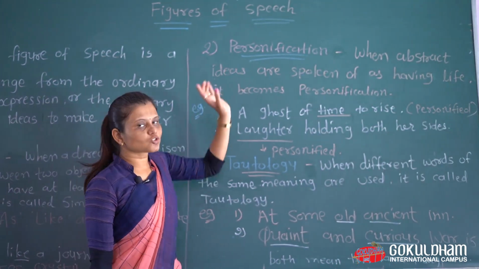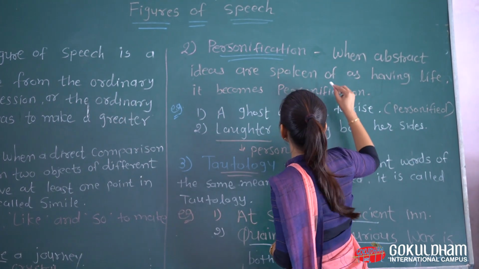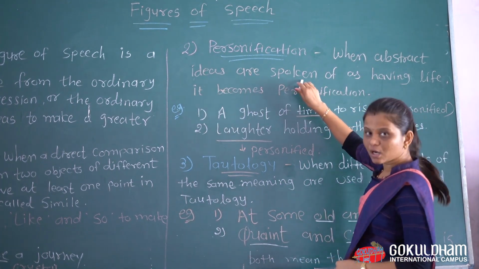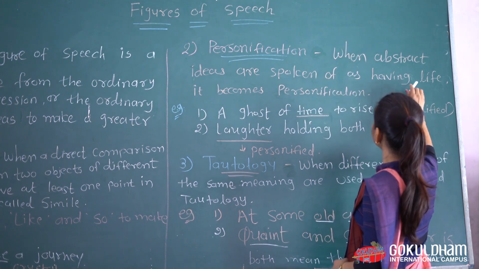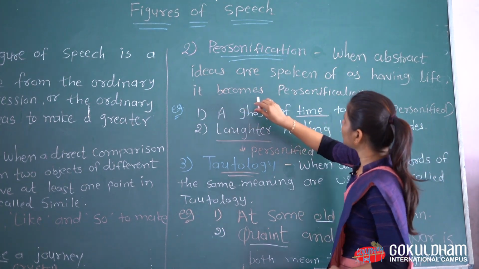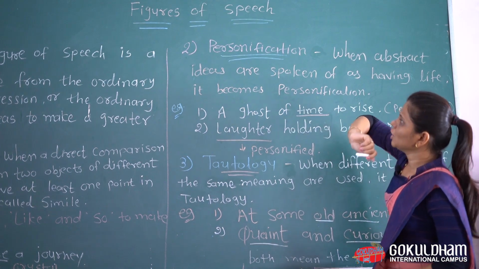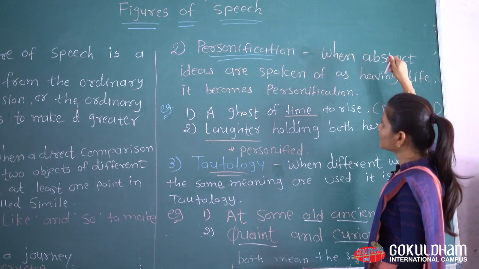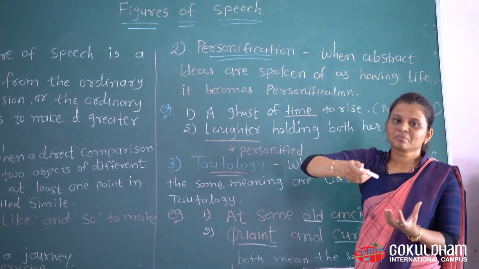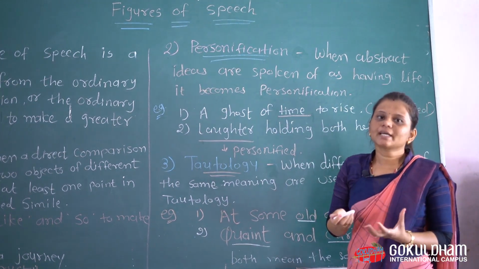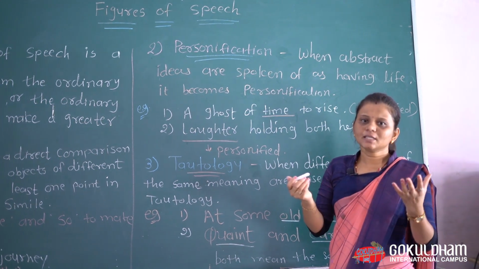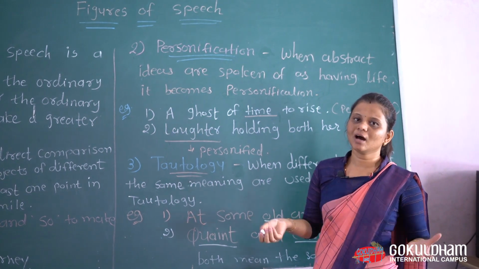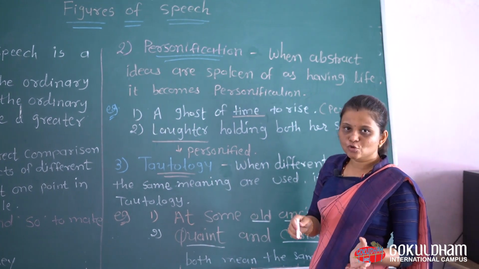Then now we go ahead. Second number is personification. Let's see this. When abstract ideas are spoken of as having life, it becomes personification. An abstract idea is spoken of like a life, or it shows us something like alive, which is actually not alive.